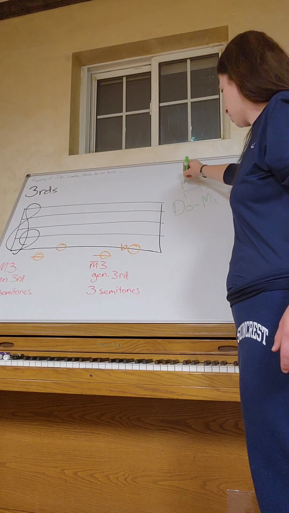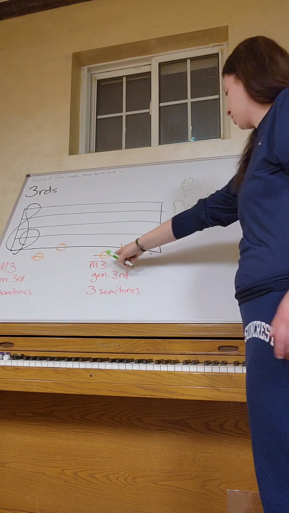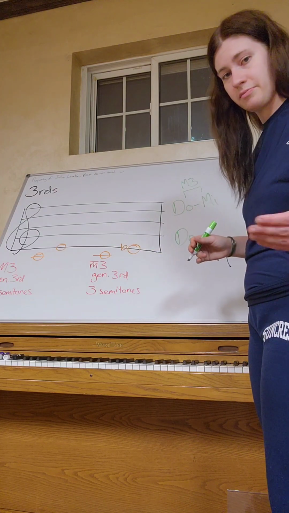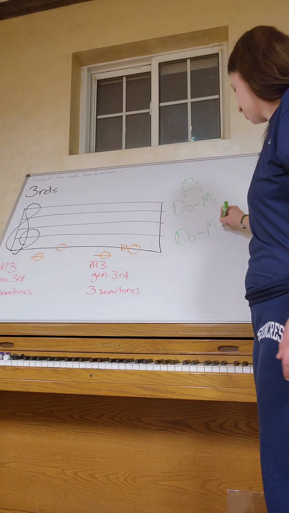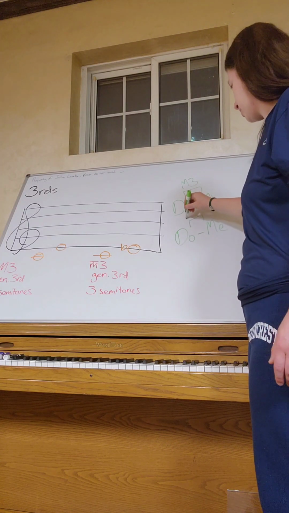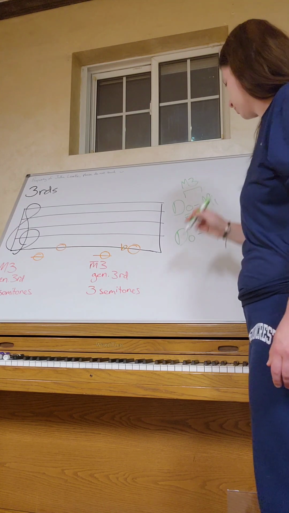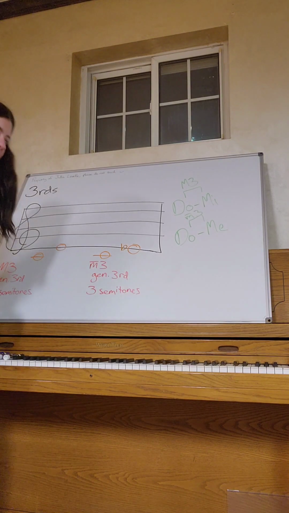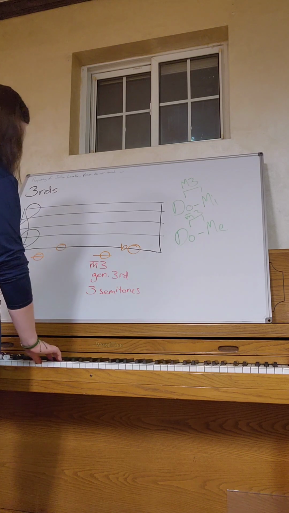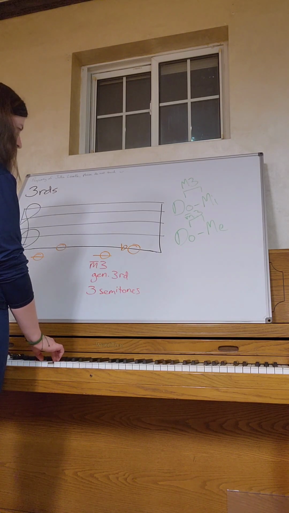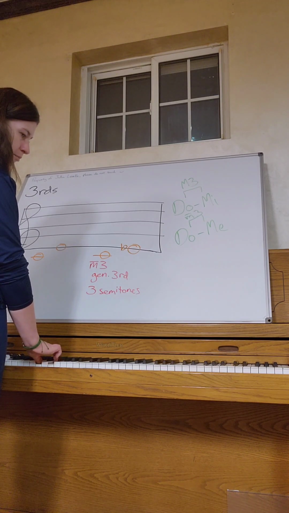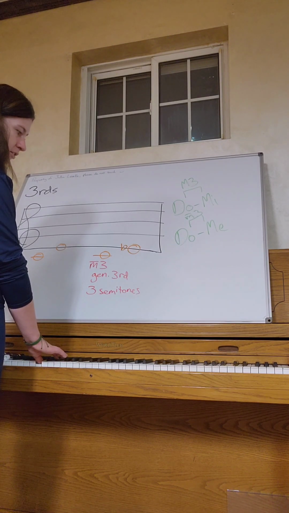That's how we get a major third, do, mi. Flattened by a semitone, mi is me. Go to me. That's our minor third. Do, mi, me. Do, mi, me, do. Major third, minor third.